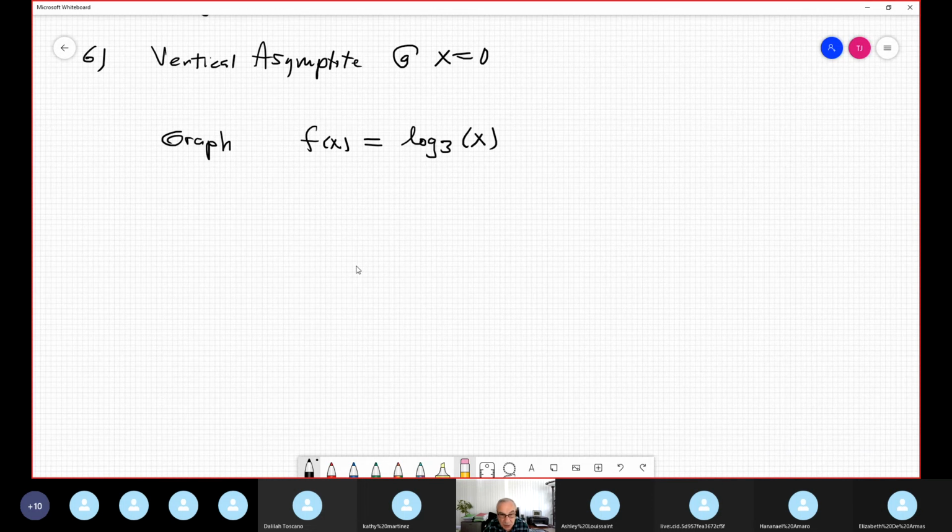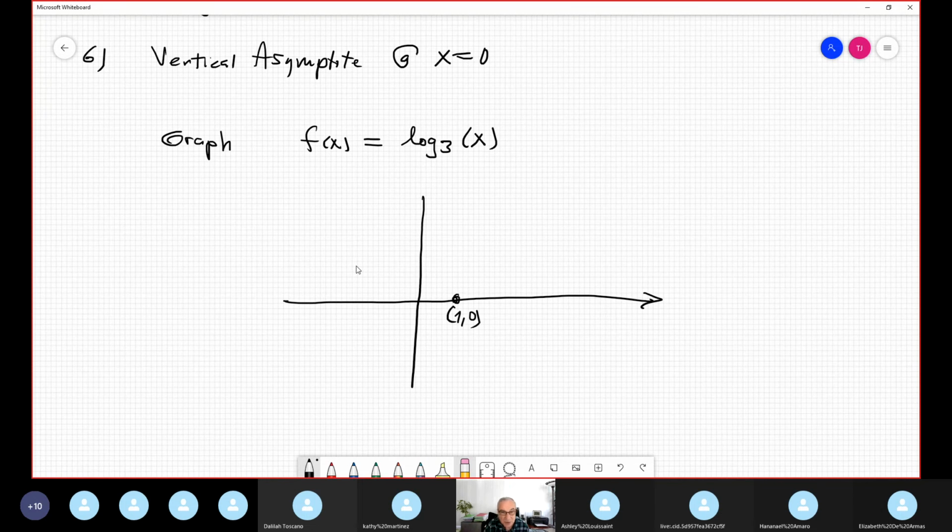I plot the 3 typical points. The 3 typical points are (1,0), the universal point. And logarithm base 3 of 3 is 1, so (3,1).